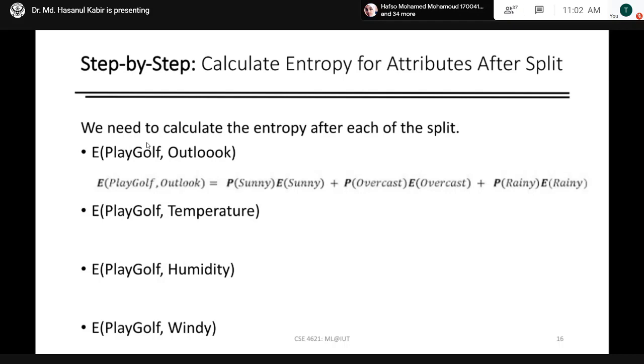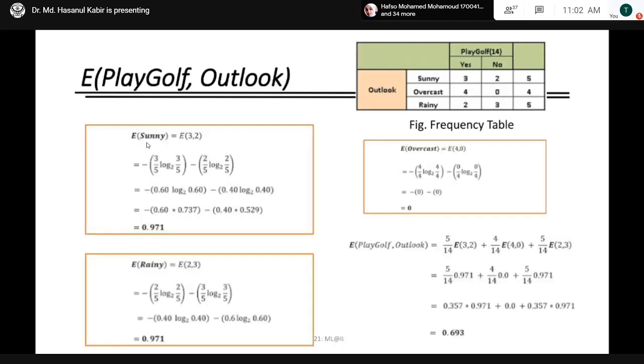Yes. So if we do this calculation, the probability of sunny times the entropy of sunny, that is 5 by 14 multiplied by 0.971, plus 4 by 14 into the entropy of overcast, that is 0 in this case, plus the probability of rainy, that is 5 by 14 times the entropy of rainy, that is 0.97.